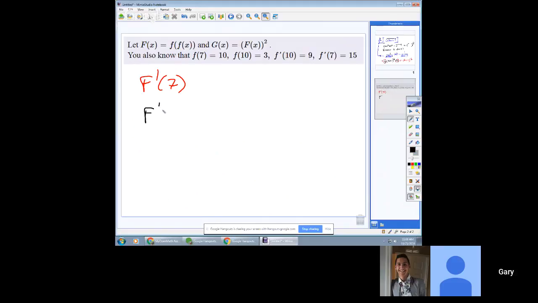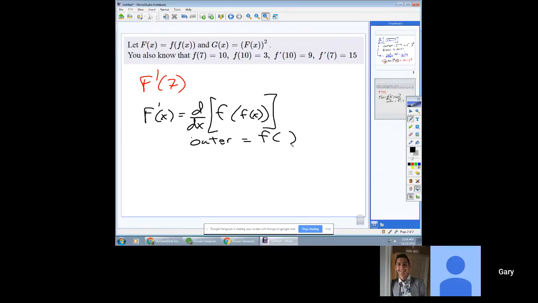So F prime of x means take the derivative with respect to x, and it's defined to be f of f of x. So the function is both the outer and the inner function. Okay. So I'll make a note. Outer is f, inner is f of x.